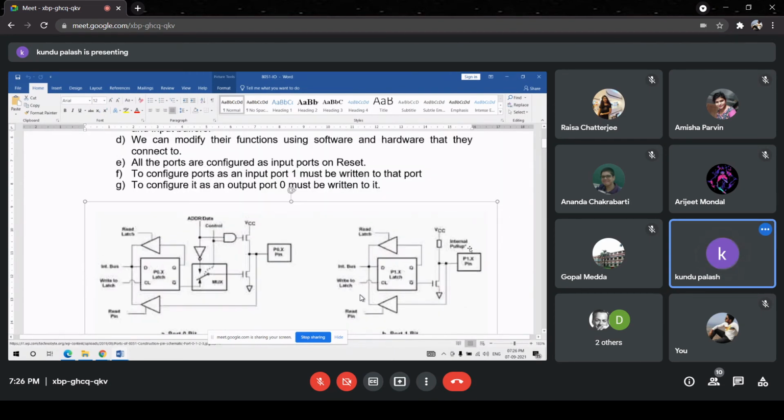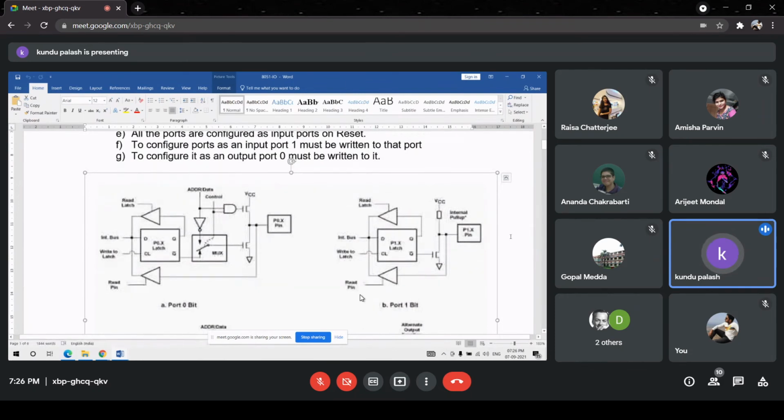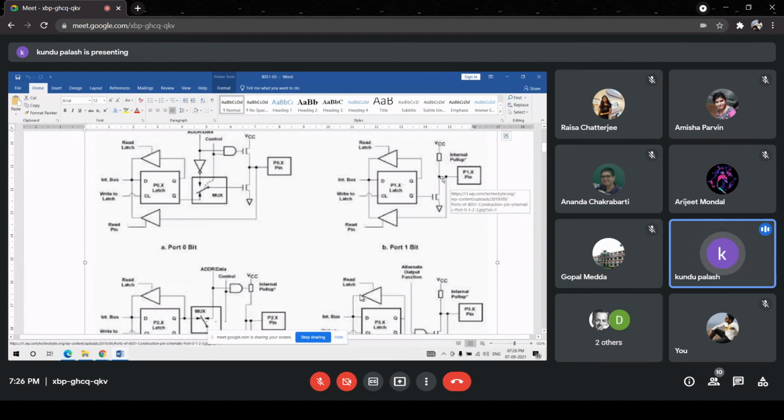Port 1, even though it is not connected to an external logic circuit via this pin, when configured as an output port, due to the existence of the internal pull-up resistor, will go to high logic. That is the specialty. That means port 0, with no connections or in open circuit condition, has a floating logic level, but here the logic level will go to the actual high logic.